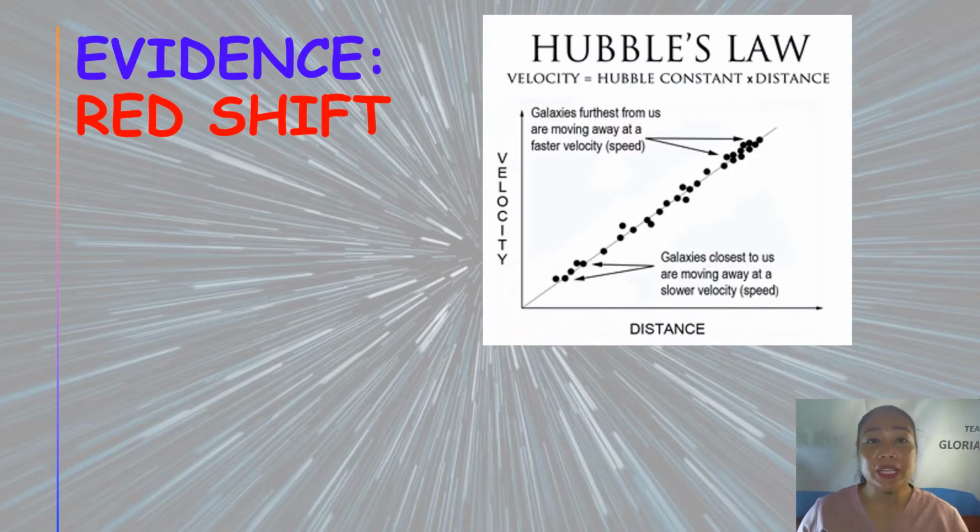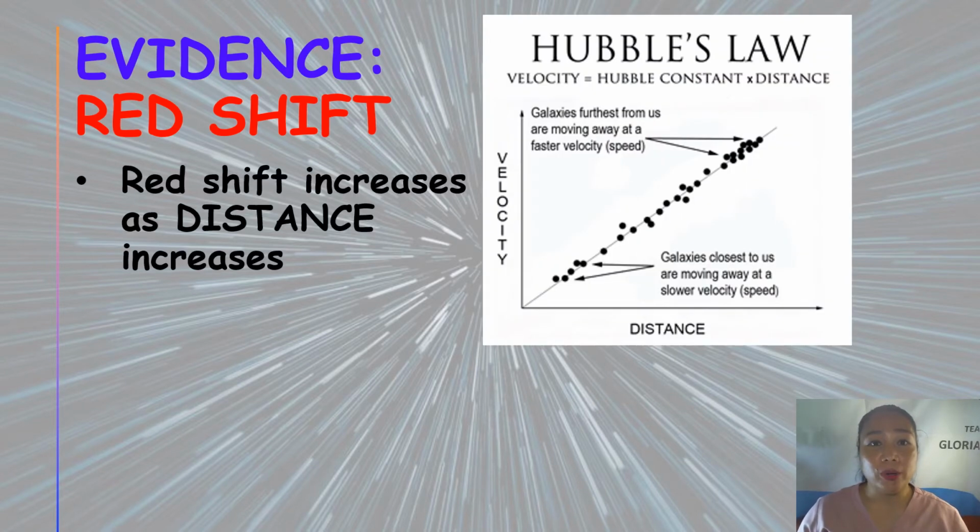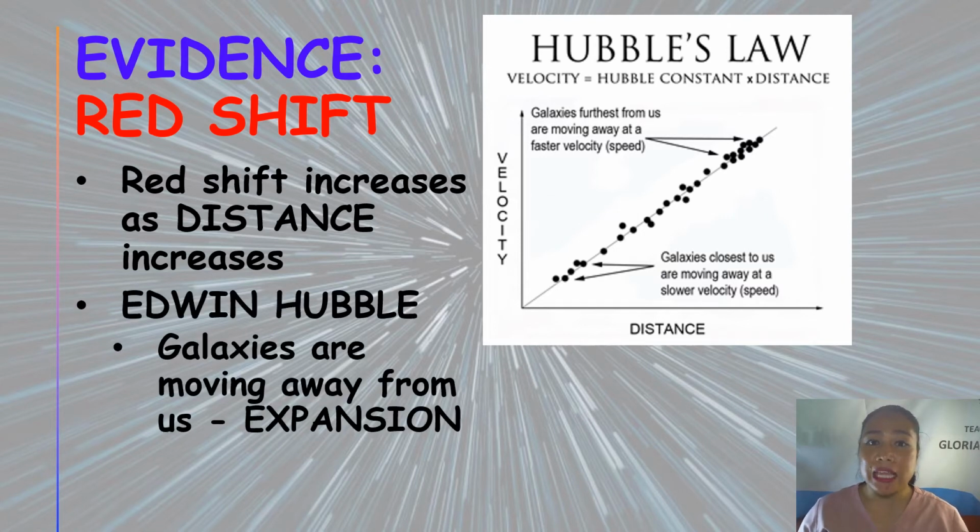In 1929, Edwin Hubble used the redshift of light from galaxies to calculate the velocities and distances of these galaxies from the Earth. He discovered that they were moving away from the Earth and from each other. His calculations supported the theory that the universe is expanding.